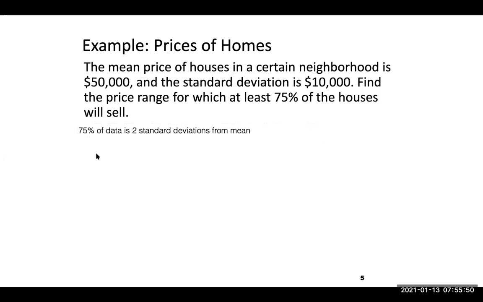So to get the low end, we're going to subtract 2 standard deviations. So 50,000 minus 2 times 10,000, that's 30,000. And then to get the high end, 50,000 plus 2 times 10,000 is 70,000.